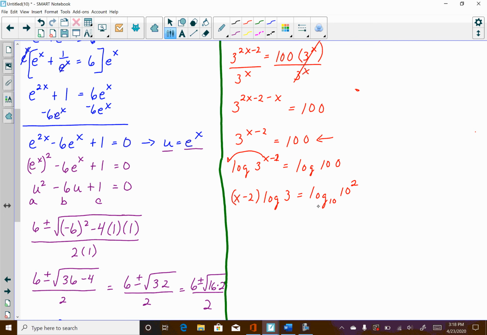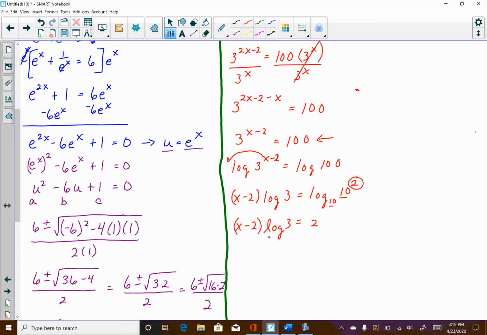And in doing so, the log over here completely goes away, right? Because the 10 base and argument match up, and it's just going to leave me with my exponent. It's just going to equal 2. It would be legal here if you want to, on the left-hand side, distribute, but I'm not, just because if I do, I'm going to have more logs in my final answer, but you certainly can. It would be perfectly legal if you wanted to.